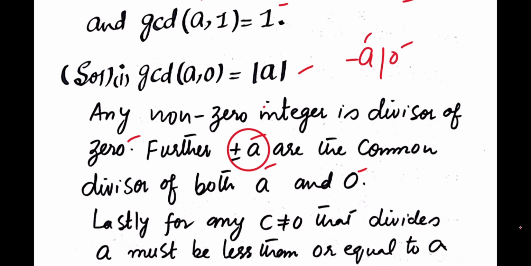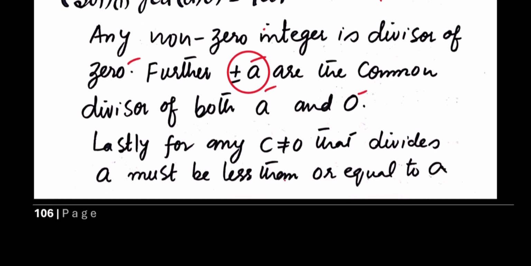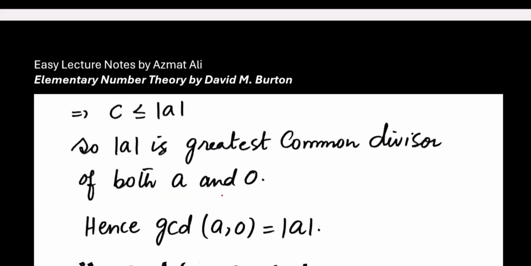Lastly, for any non-zero divisor C that divides a, C must be less than or equal to a absolute. This is actually the definition of common divisor. In the definition of common divisor, we say that if a and b are two integers, not both of them 0 at the same time, suppose the GCD of a and b is equal to d, then d is called the GCD of a and b if d divides a, d divides b.